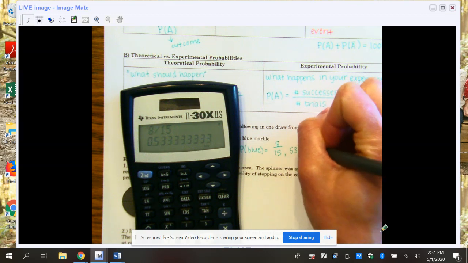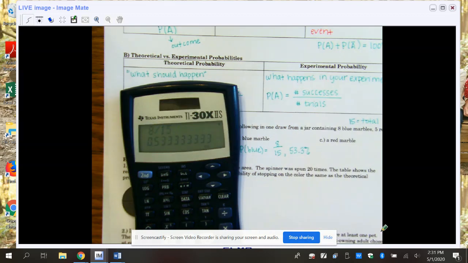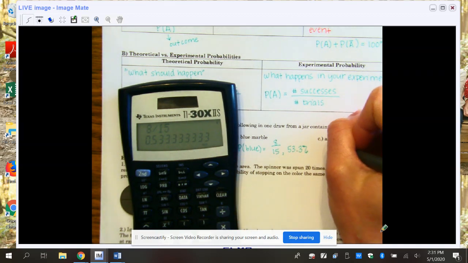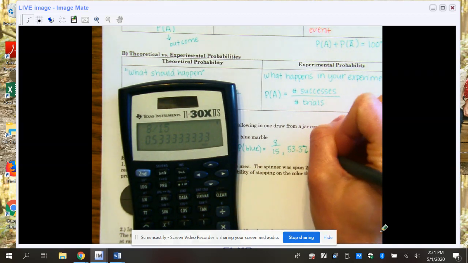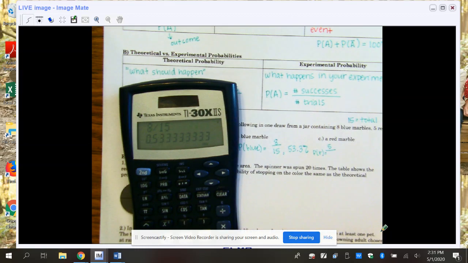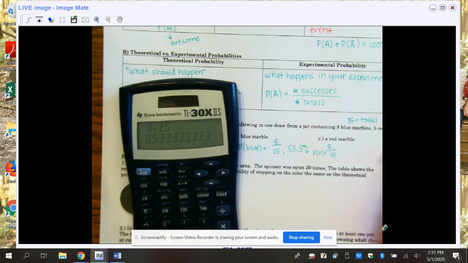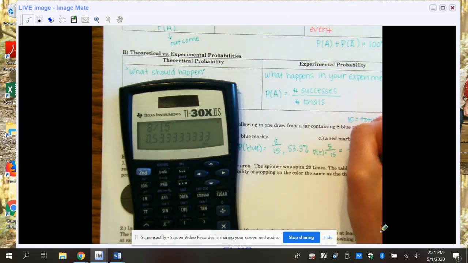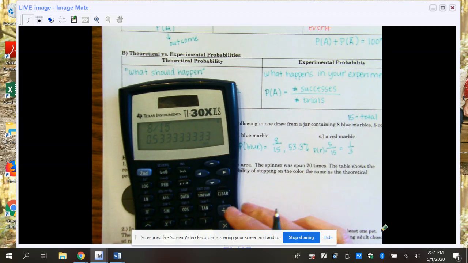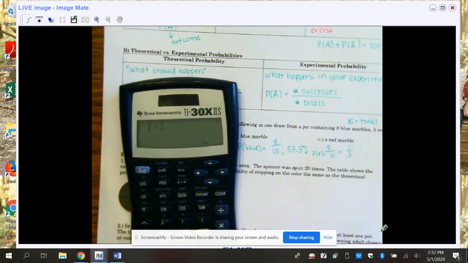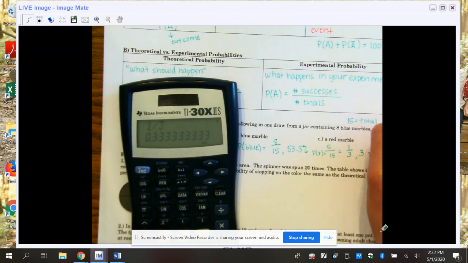And so that would be about 53.3%. Okay. And then the last one would be the red marble. So the probability of red would be 5 out of 15, which would simplify to 1/3, which is 33.3%.